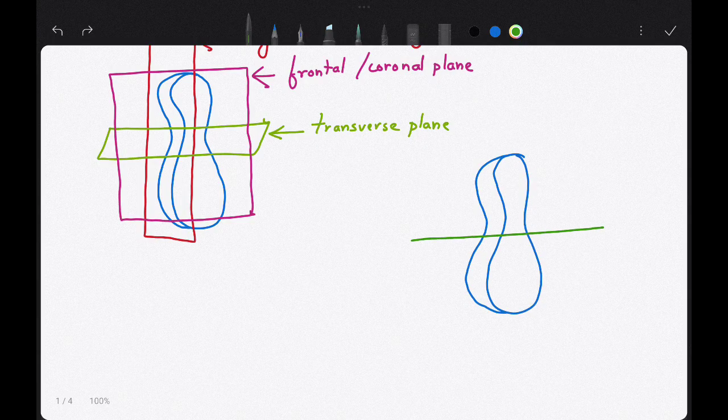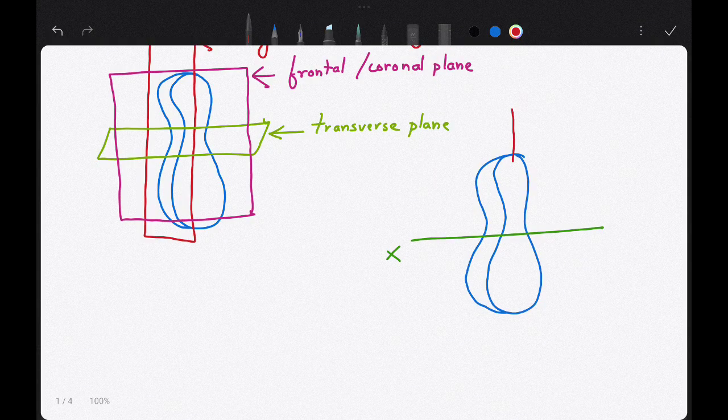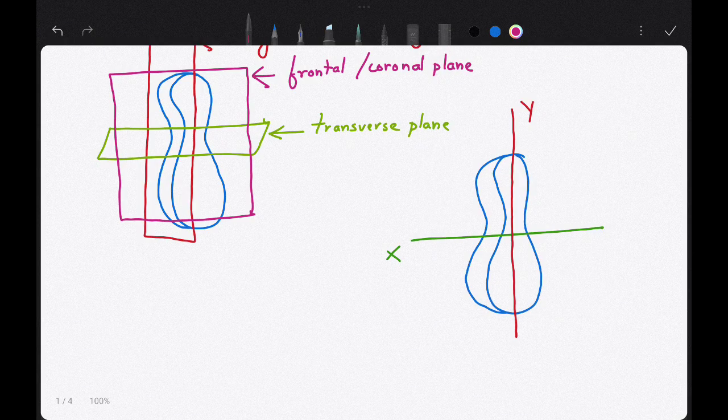This is the X axis, then this is the Y axis, and this is the Z axis. So, XYZ.